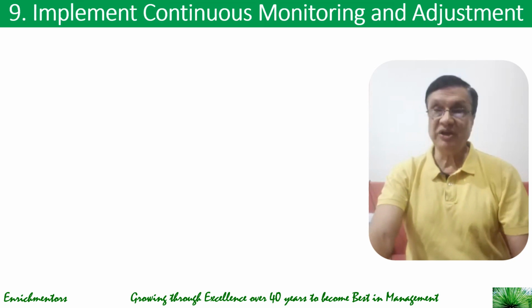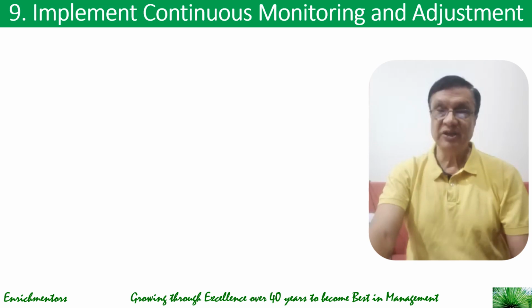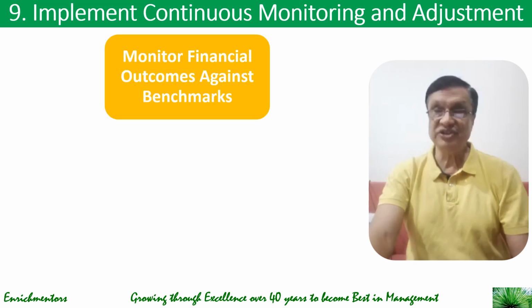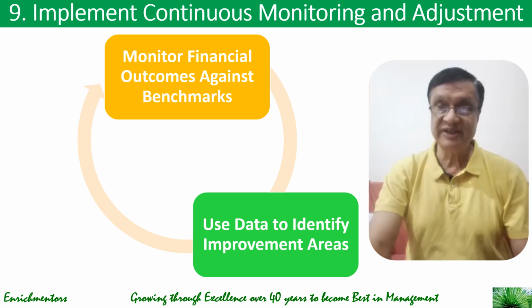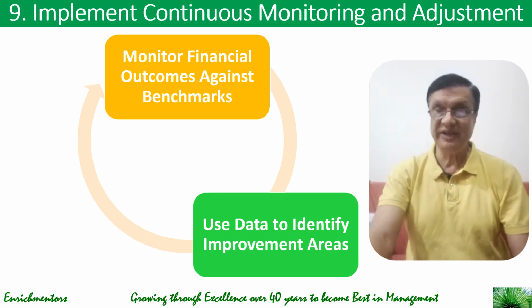Implement continuous monitoring and adjustment, where you need to monitor financial outcomes against benchmarks by regularly tracking revenue against predefined benchmarks, analyzing financial impact of new models. Use data to identify improvement areas by continuously using analytics to find gaps between expected and actual outcomes, making adjustments to billing practices, documentation, and patient engagement as needed.